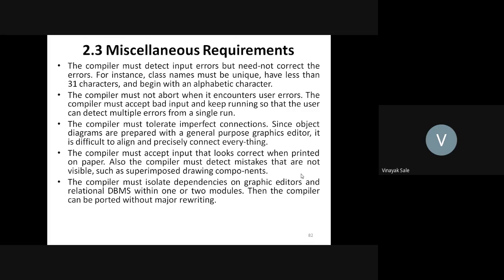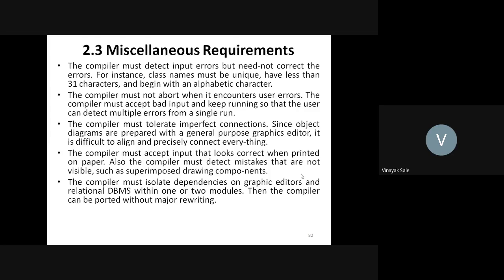This is the minimum requirement in the case of a class. Unlike some programming language compilers, the compiler must not abort when it encounters user errors. The compiler must accept bad input but keep running so that the user can detect multiple errors from a single run.